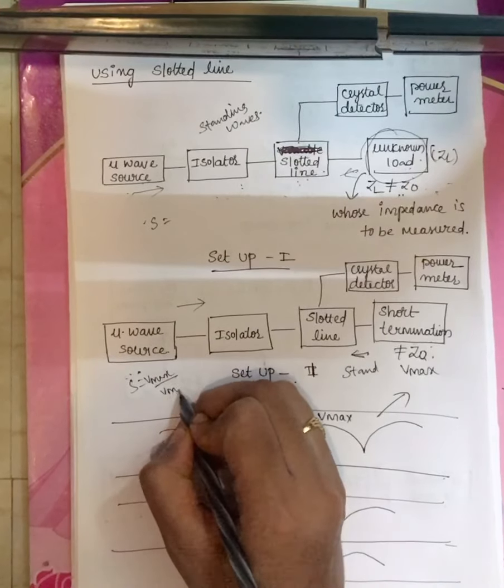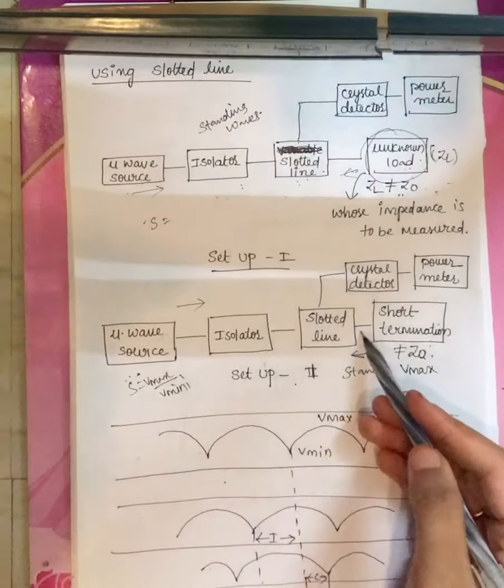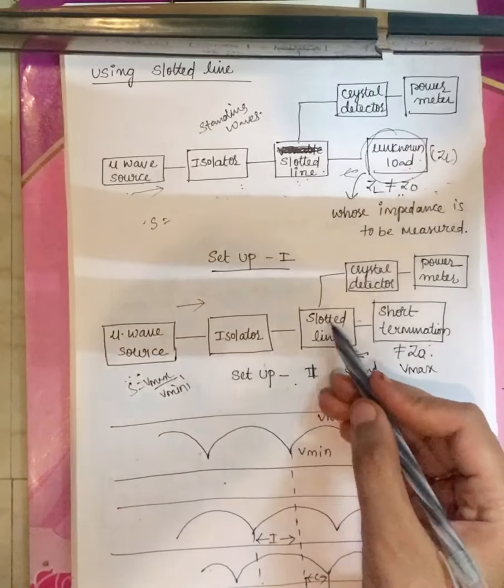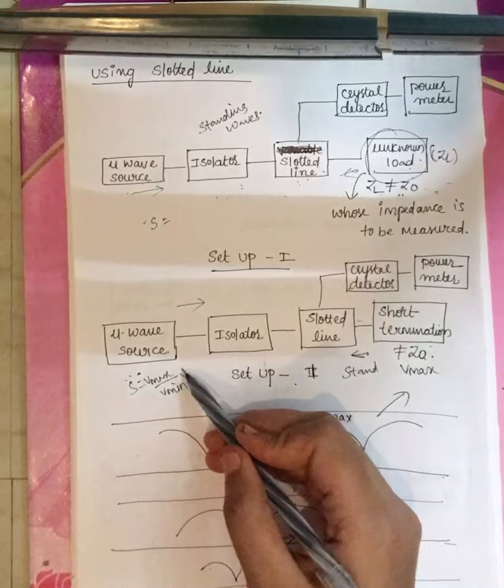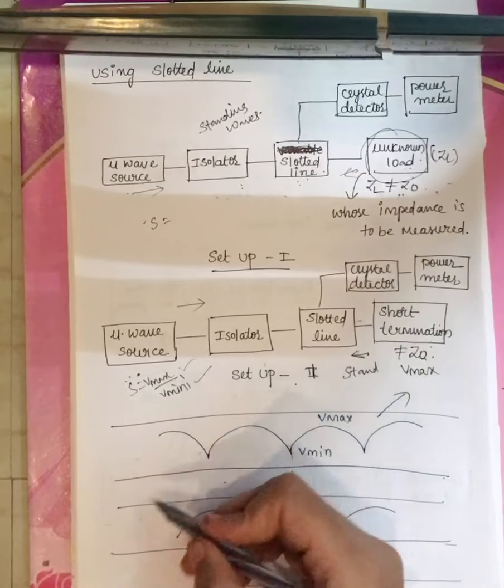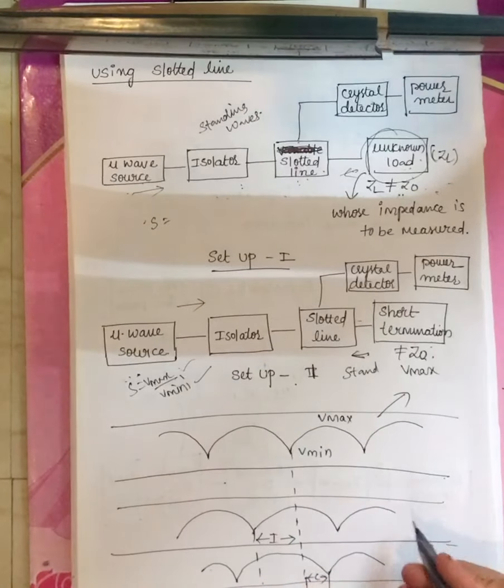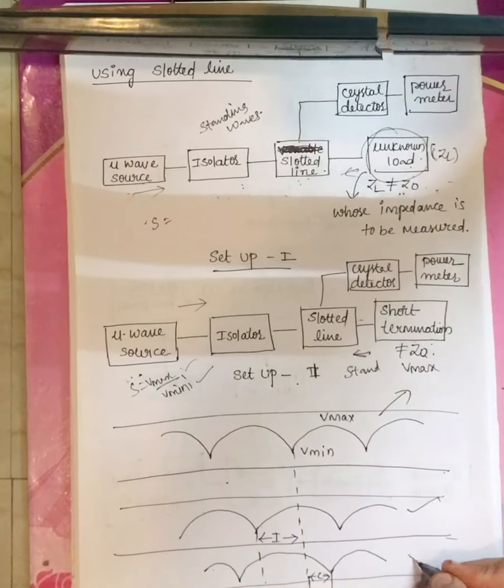That Vmax and Vmin are calculated by varying the slotted line. By varying the slotted line, you will get Vmax and Vmin on your VSWR meter. Now this is the structure. Either you may get this or you may get this.